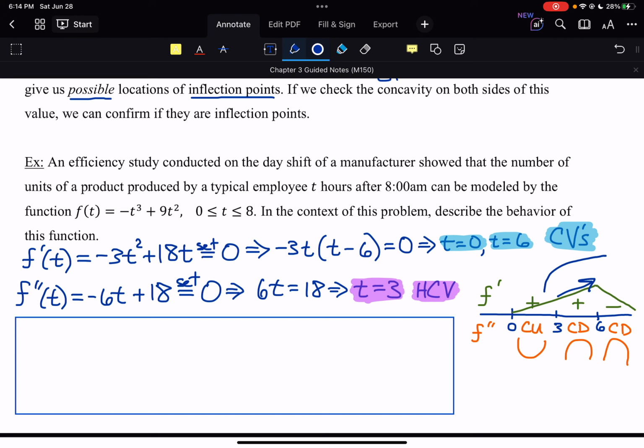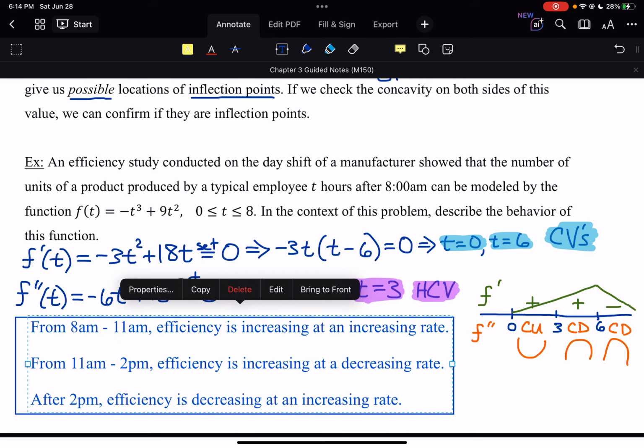So they're still increasing the amount produced, but not as quickly. And then by the time we hit the 6th hour, that's going to be 2 p.m., now their productivity is not only going down, but it's bending down also. So it is decreasing, and it's decreasing faster and faster.